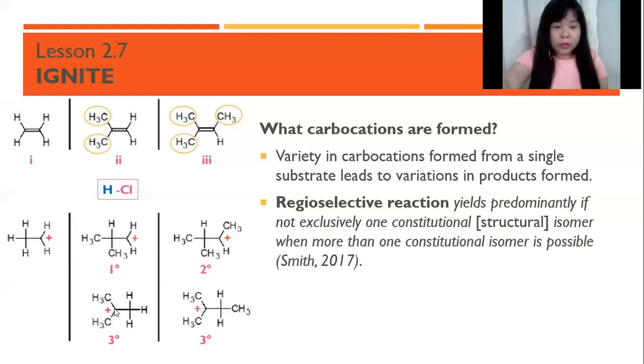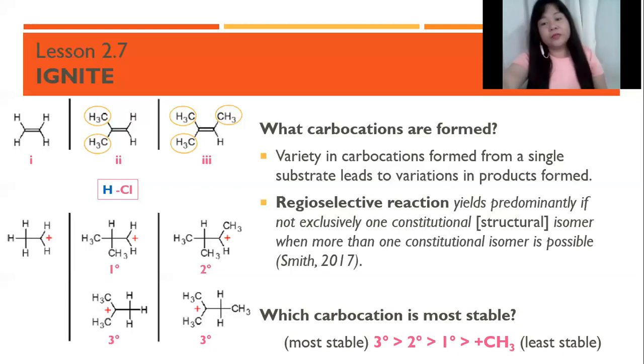So this carbon, which has acquired the positive charge, is bound to 3 other carbons, therefore making it a tertiary carbocation. For a secondary carbocation, you may have guessed by this time that it's bound to 2 other carbons here, and it's bound to 1 hydrogen. And then again, similarly, this tertiary carbocation has the positively charged carbon bound to 1, 2, 3 other carbons.